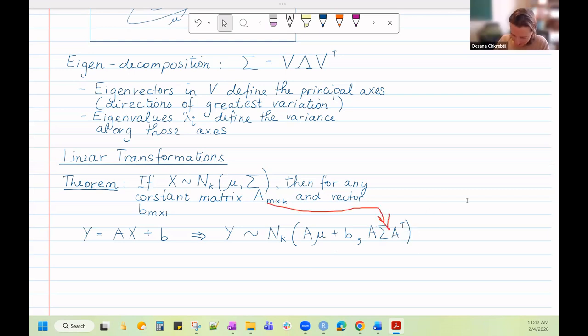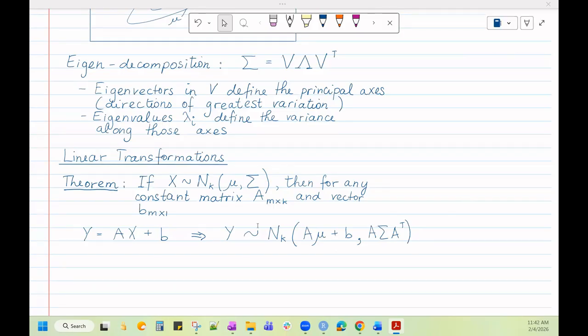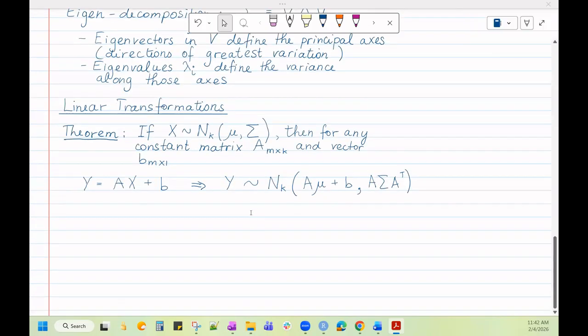Oh, that's right. So technically it wouldn't be a positive definite matrix, because sigma should be positive definite by definition.